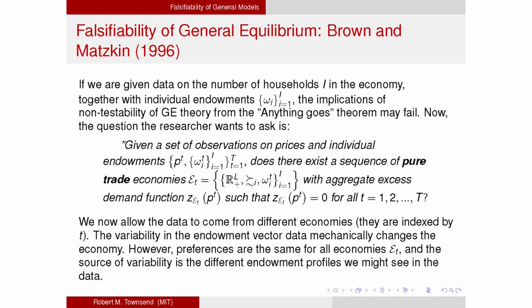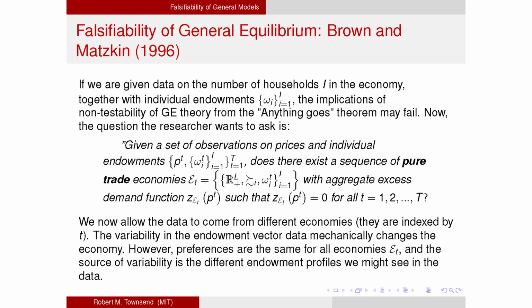That's Brown and Matzkin. The punchline is going to be what we've been saying throughout the lecture today. Namely, if we're given data like this, we can actually reject that the data could have come from a market equilibrium. That is to say, the data couldn't potentially have come from individual household maximization and market clearing.